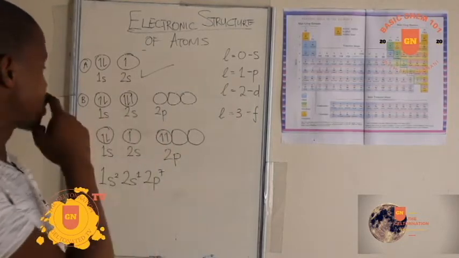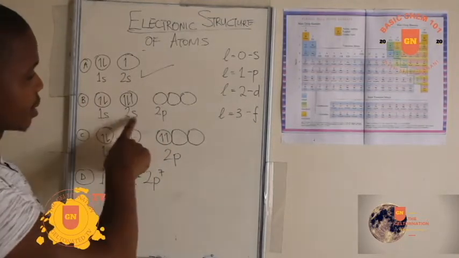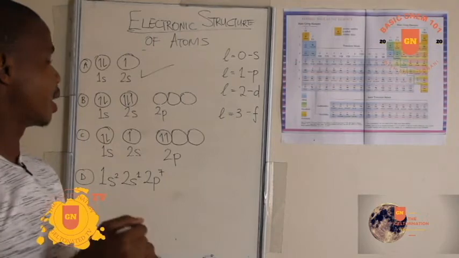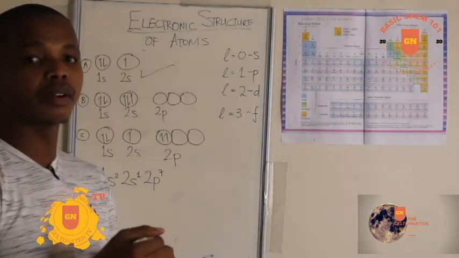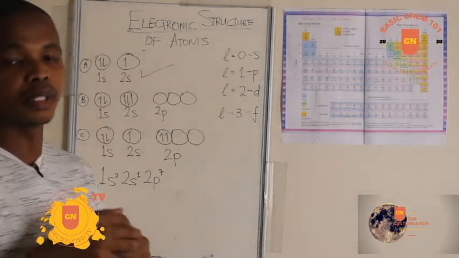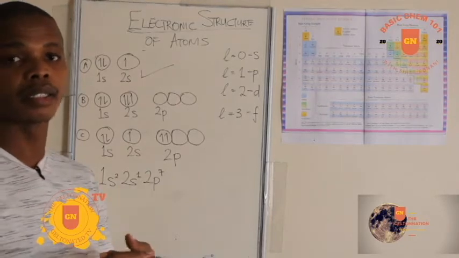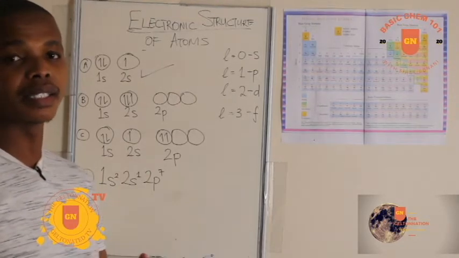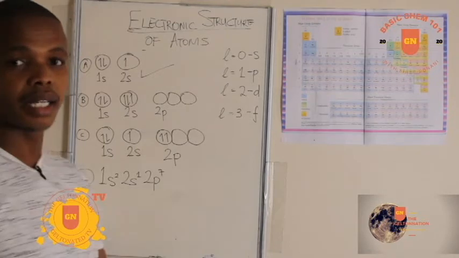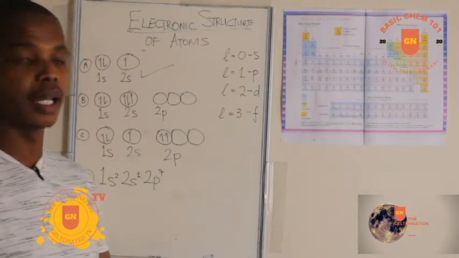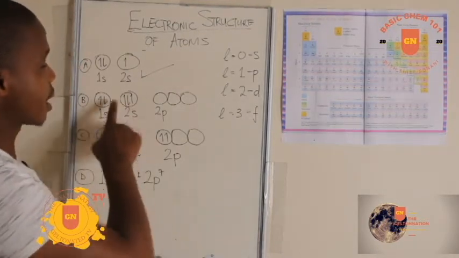But if you look at this one, this part is right, but here you have 3. And we said because we can only have 2 spins in an orbital, which are half and minus a half, an orbital can only accommodate 2 electrons. So here you have 3.